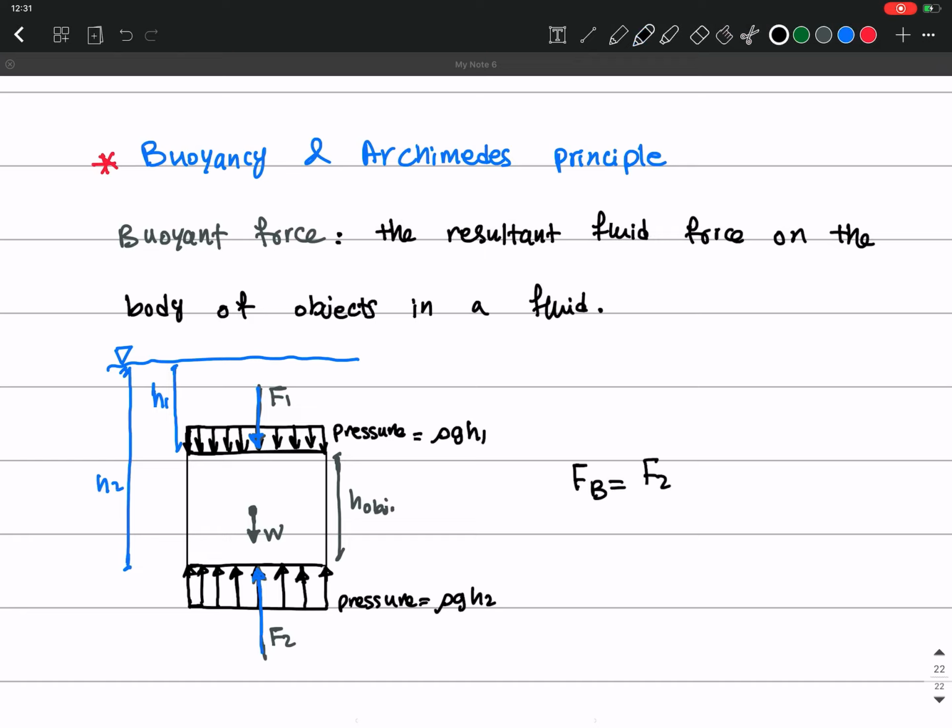Because this is the force that fluid exerts on this body. It's the resultant, the net force that it exerts on this body that we are considering.